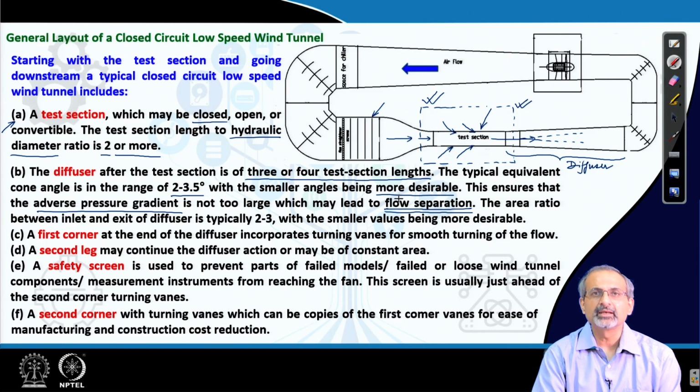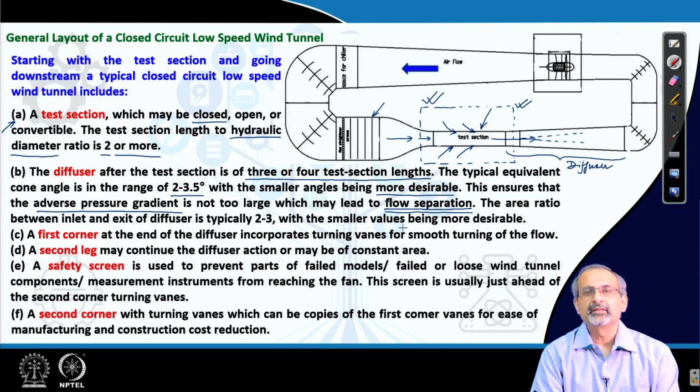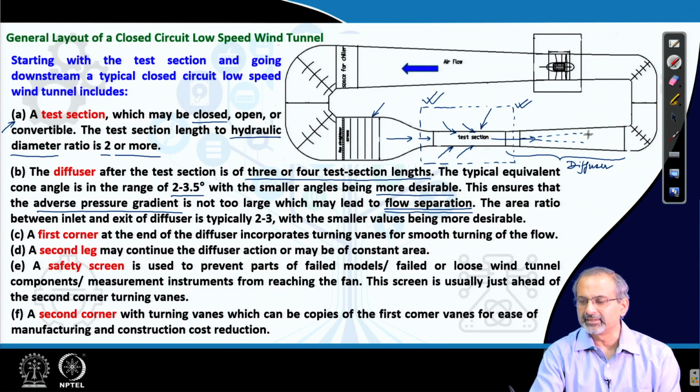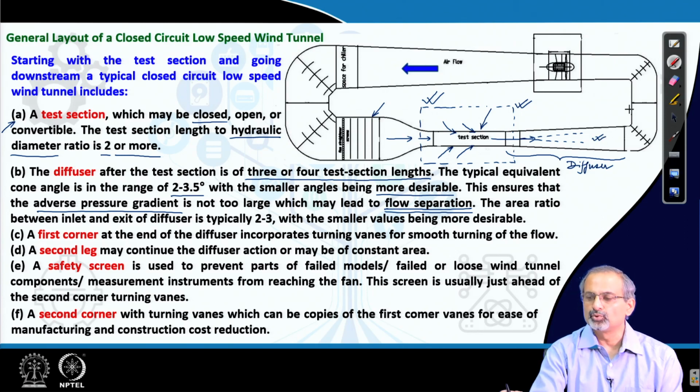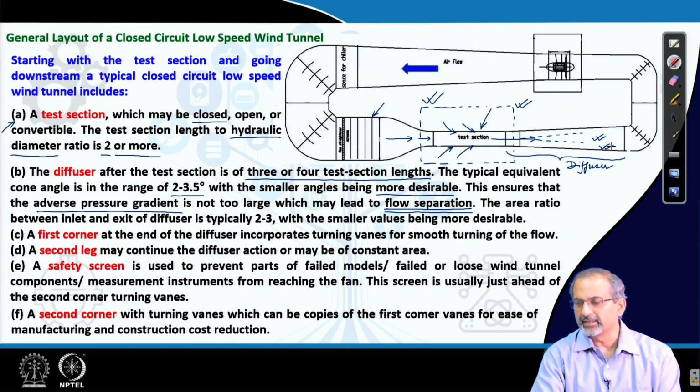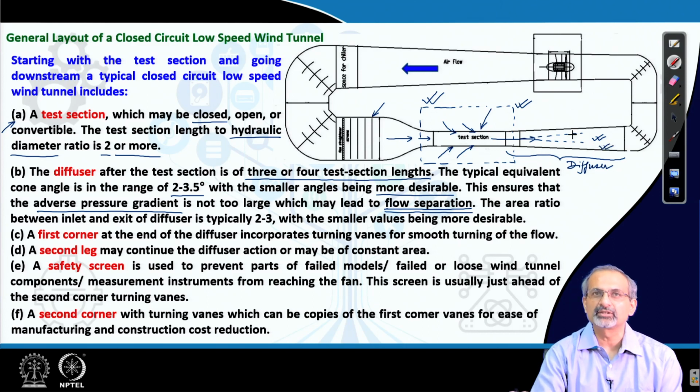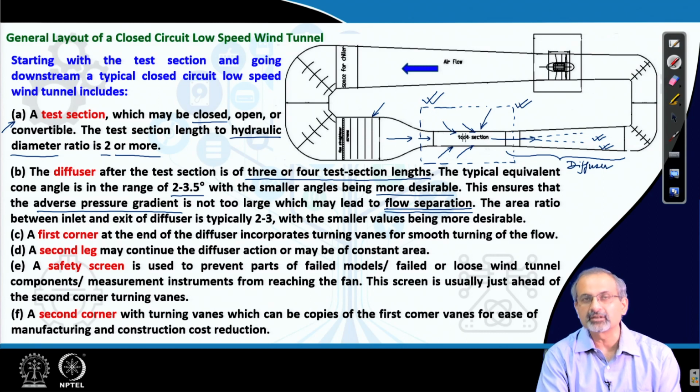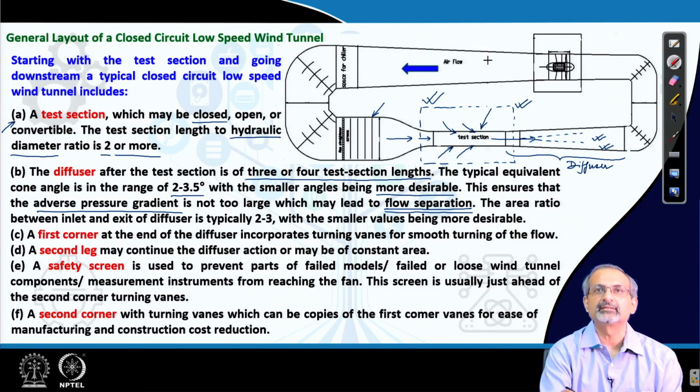If that happens, then the tunnel becomes very inefficient in terms of energy consumption. Moreover, the flow gets extremely disturbed in this region, and then it is very difficult to come back to a good quality flow by the time it returns to the test section. That means, if there is a separated flow here, there will be some trace of flow disturbances when the flow returns back to the test section after completing the circuit.